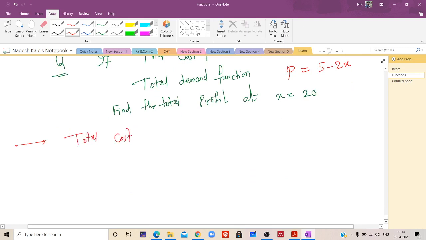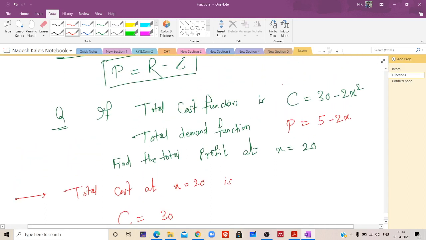Total cost at x equal to 20, what is it? So C equal to, wherever there is x put 20, then you will get the total cost.